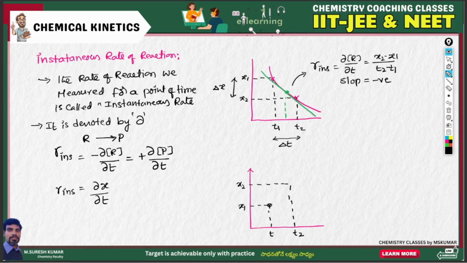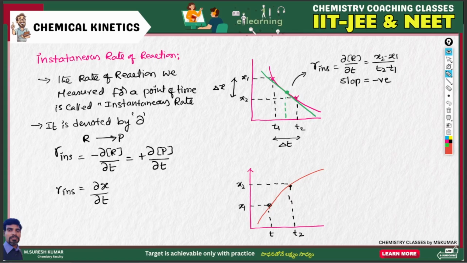Now see, when we join these two points we get a line with positive slope, increasing like this. It is like a rectangular parabola.